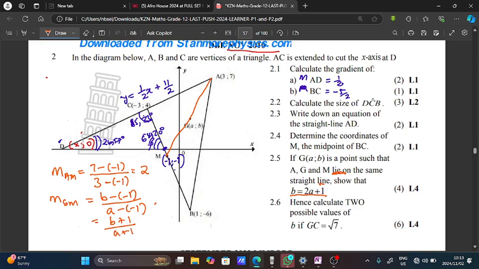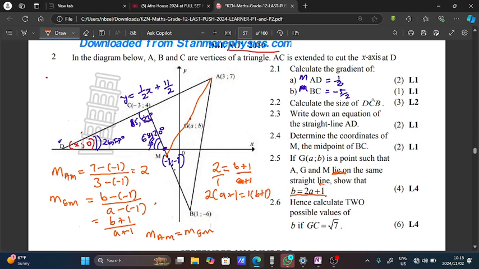Is that correct? Now I know that the gradient of AM is the gradient of GM. Now can you equate that? If you equate that, we'll have 2 equals to B plus 1 over A plus 1. Can you see that? Now you would like to cross multiply. So if you cross multiply, we have 2 into A plus 1 equals to 1 multiplied by B plus 1.